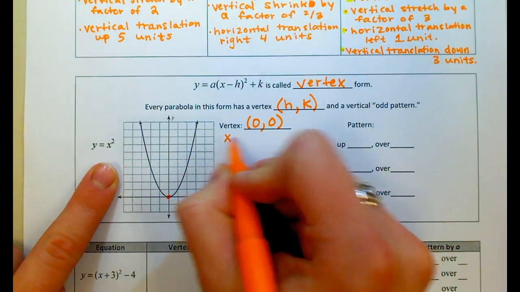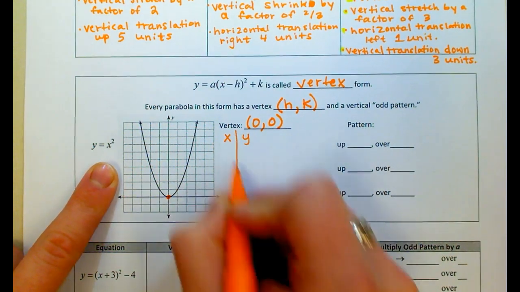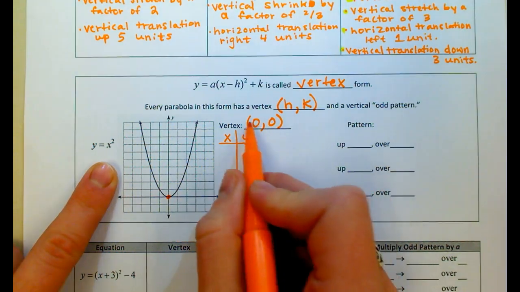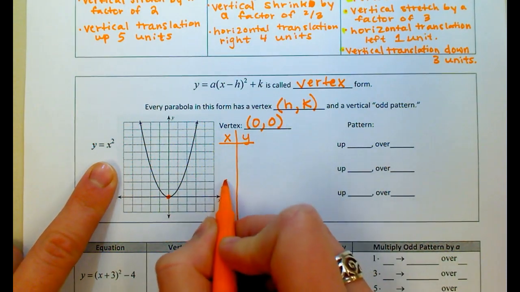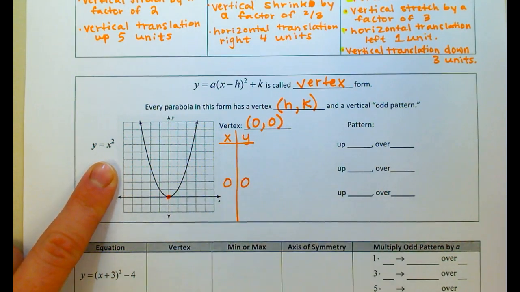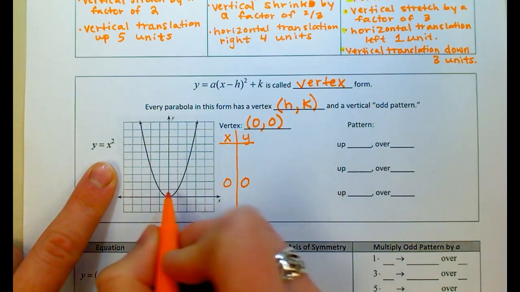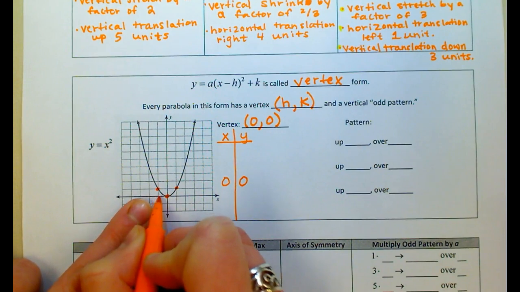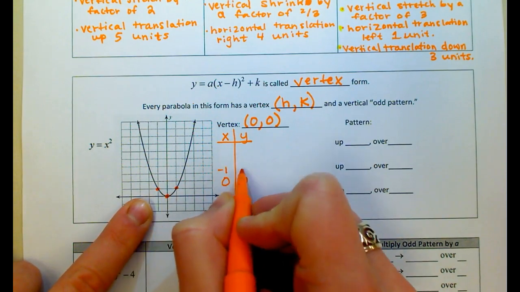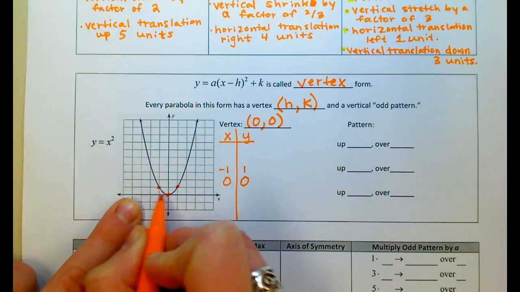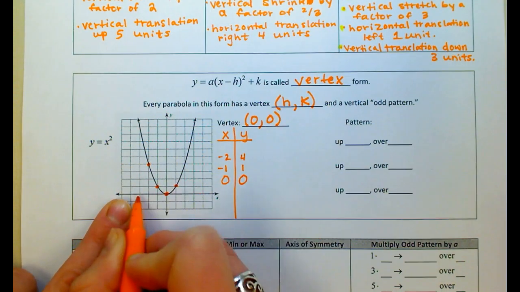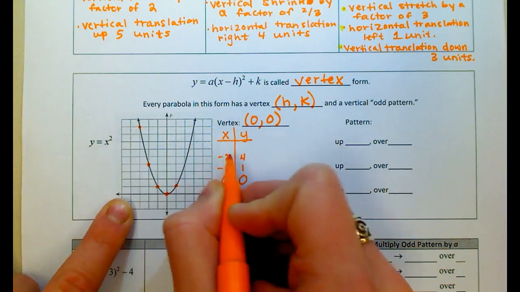The next thing I want you to notice, we're going to make a table of this graph. Now, we know when we did standard form, we always put the vertex in the center, 0, 0, and then we're just going to list these points off. So left from that is -1, 1. We also have -2, 4, and we have -3, 9.